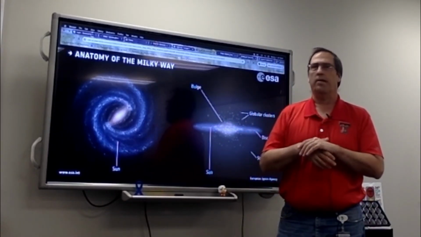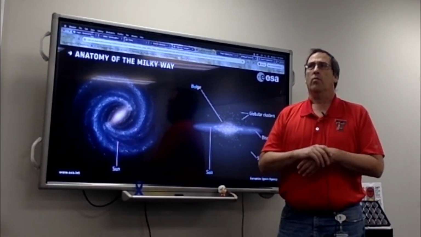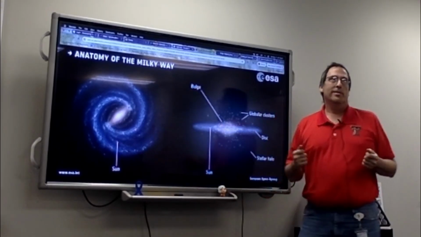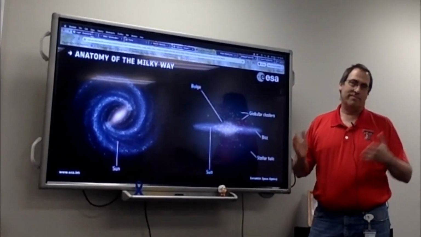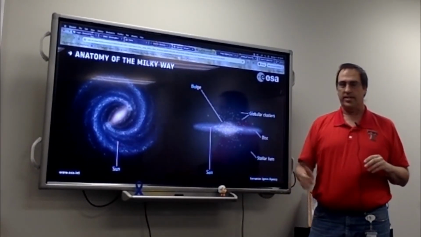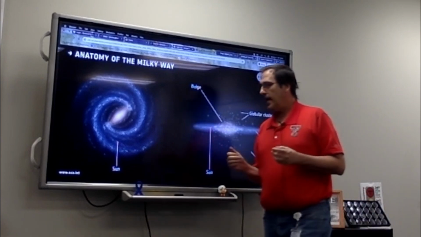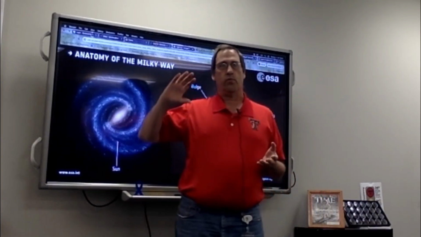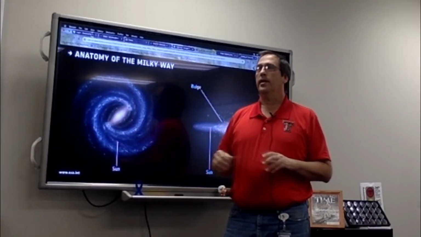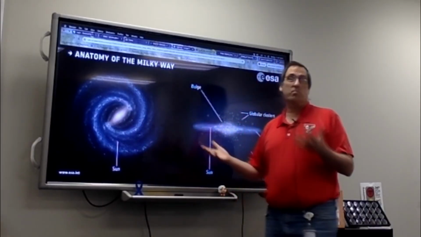We don't have a whole lot of metals in our cluster. Rich clusters have a high amount of metals, and it's kind of a subjective determination, but it's not like there's a hard and fast number that I'm aware of. Rich clusters are less common than poor clusters. But anyway, our Local Group is a poor cluster.